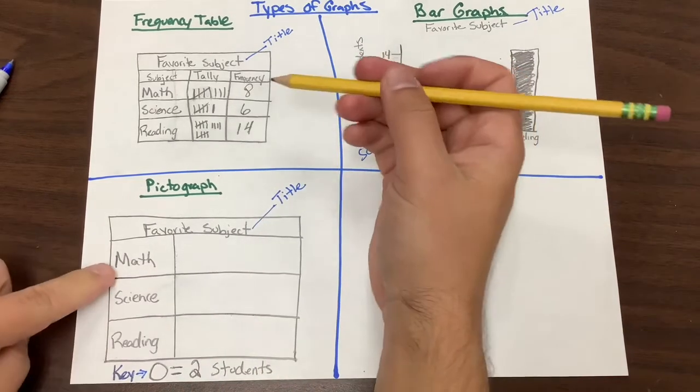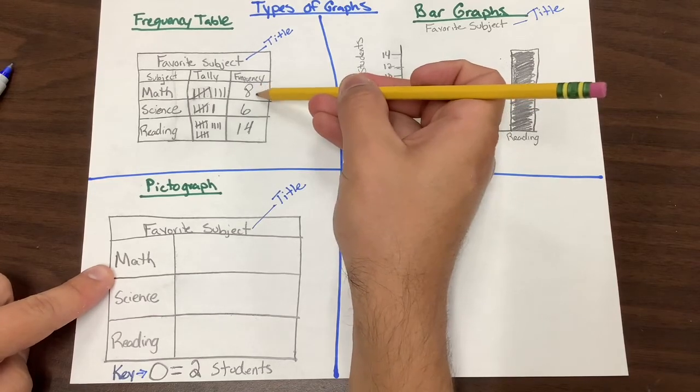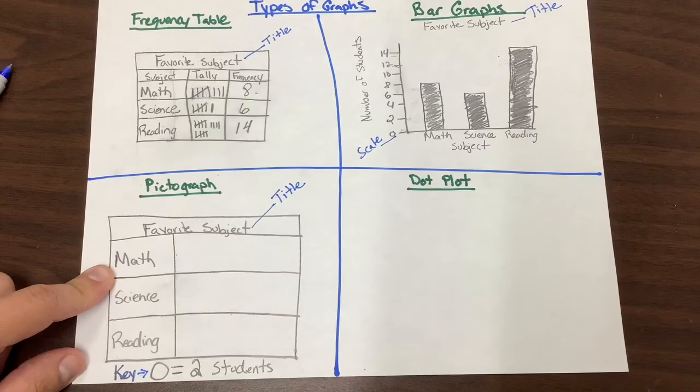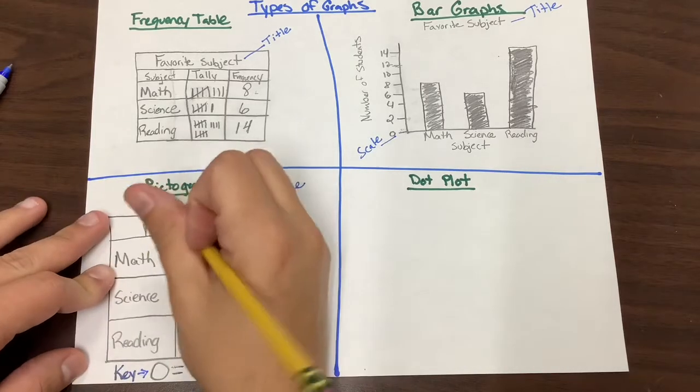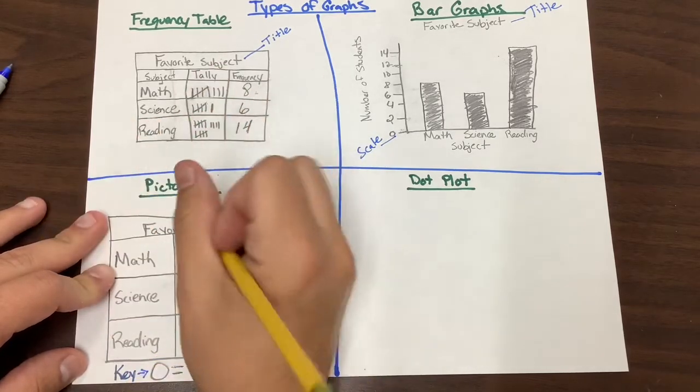So let's see, the math. If there were 8 students who chose math, how many circles do I need? Let's see if you were right. One circle is 2.